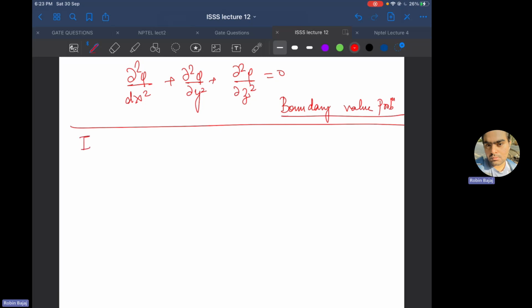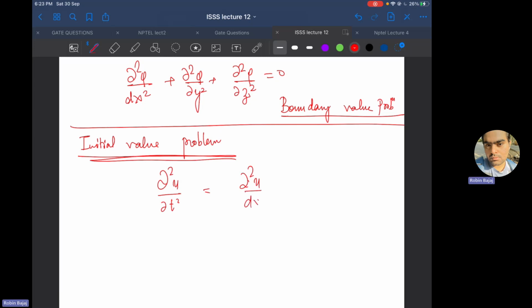Now, what is an example of an initial value problem? For example, the wave equation. In the wave equation, you have the second derivative with respect to x and the second derivative in time, with some constant, right?